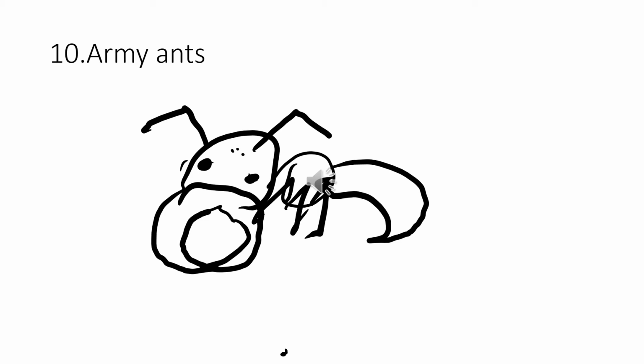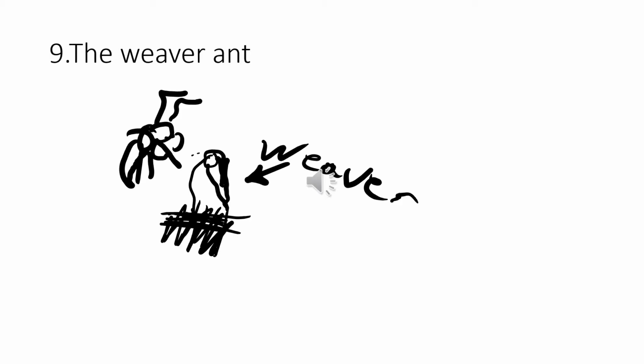And they are also famous for being nomads. During the rainy season in the Amazon, they will connect to each other and form a massive raft, which is quite fascinating to me.